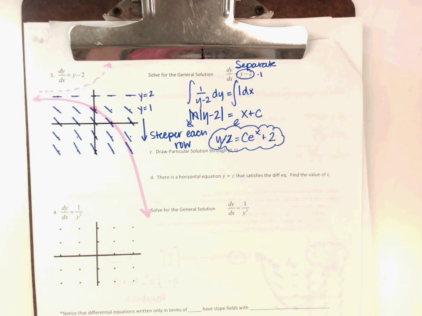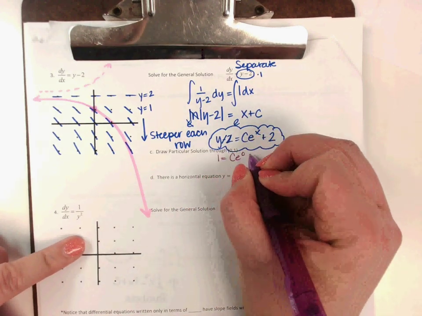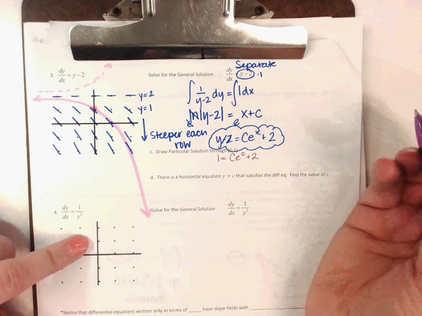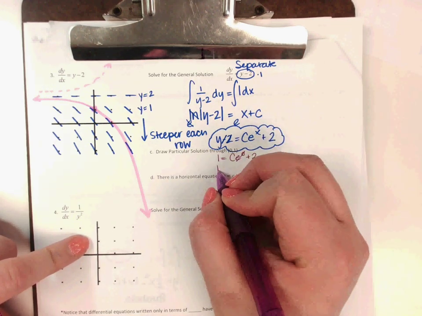If we solve for this point, it comes up. So let's do it and then we'll see. Let's plug in that point. So if 1 is the answer when I plug in 0, well then e to the 0 is just going to cross out. c plus 2 is 1, then what do I get for my c?